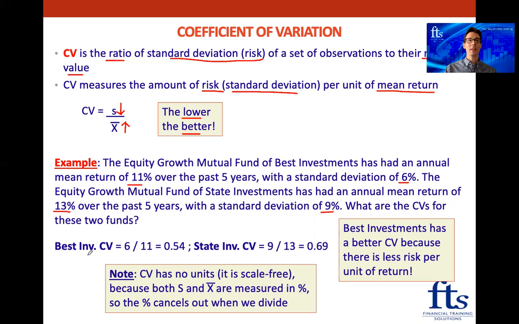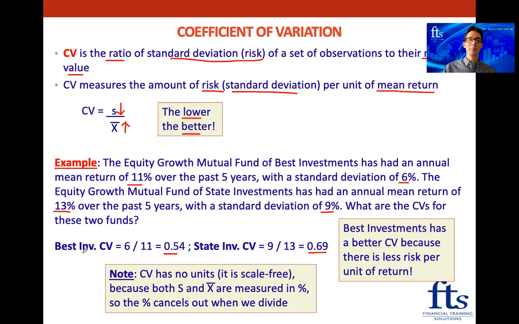For Best Investments, we take the standard deviation, 6, and divide by the mean return of 11. So it's going to be 0.54. And for State Investments, we take the standard deviation of 9, and we divide by their mean return of 13. So theirs is 0.69.